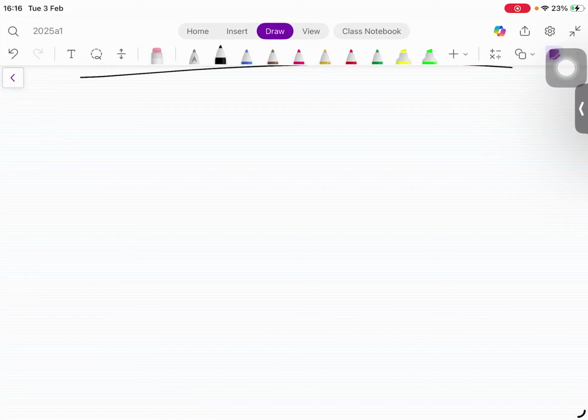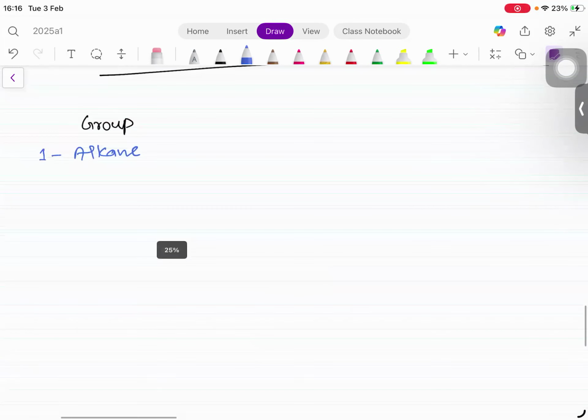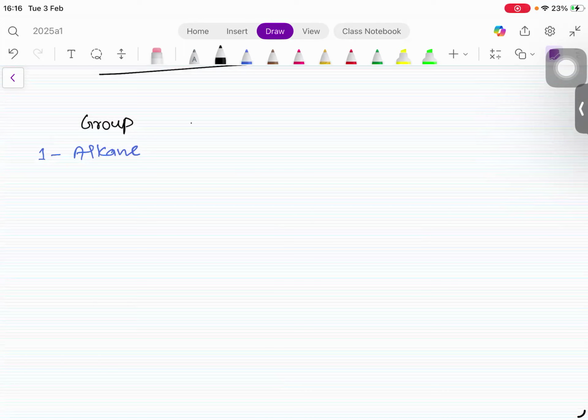So look at this. For example, here is the group. The first group which we did was alkane, right? You have to write FG, meaning functional group. As alkanes do not have any functional group, just cross it. Then you have to write the general formula for the alkanes. What was the general formula?